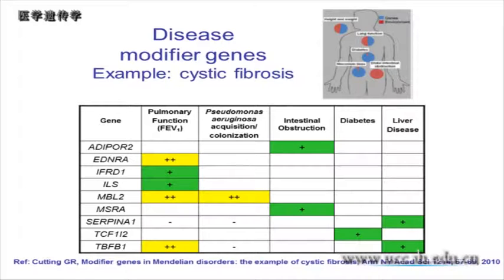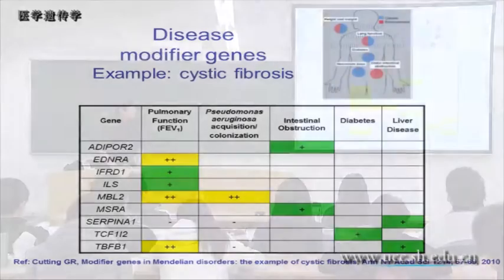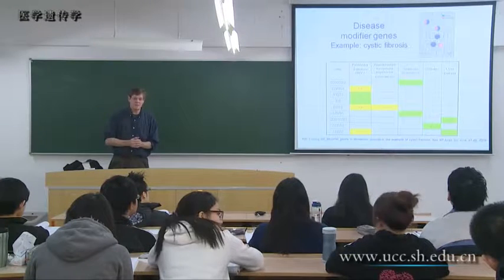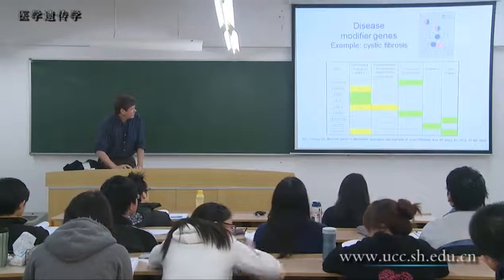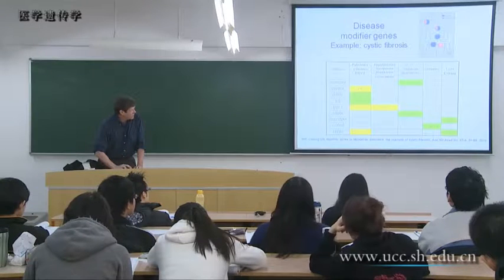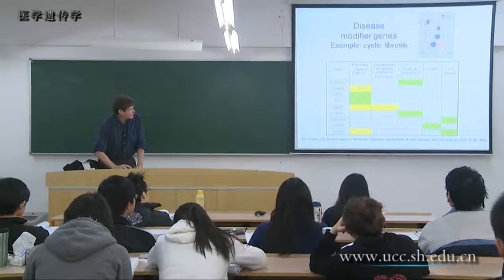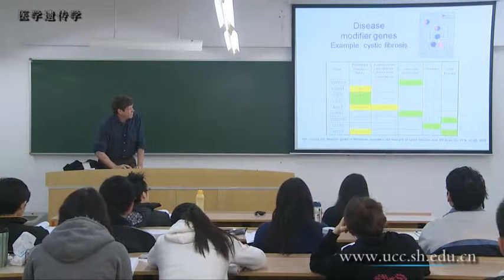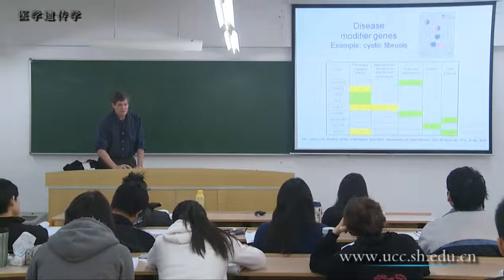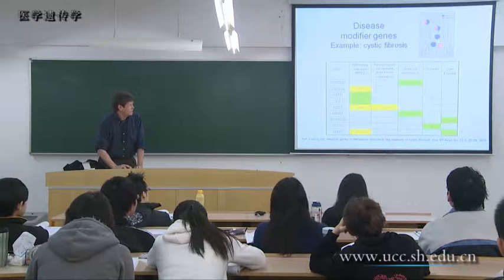I mentioned before for cystic fibrosis that there are both environmental and genetic factors that can modify the expressivity of the symptoms. Without going into any details at all, this is just a list of genes that have been found to modify different aspects of cystic fibrosis. These genes, for example, affect pulmonary function.